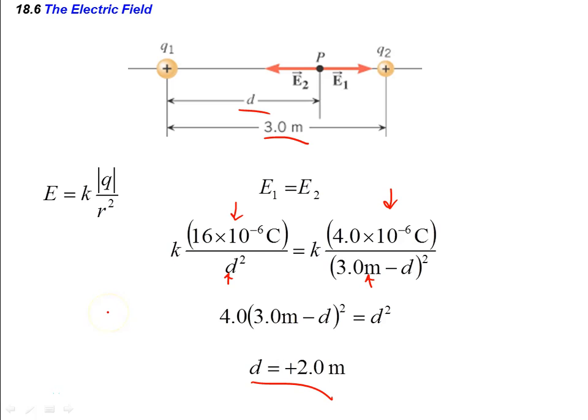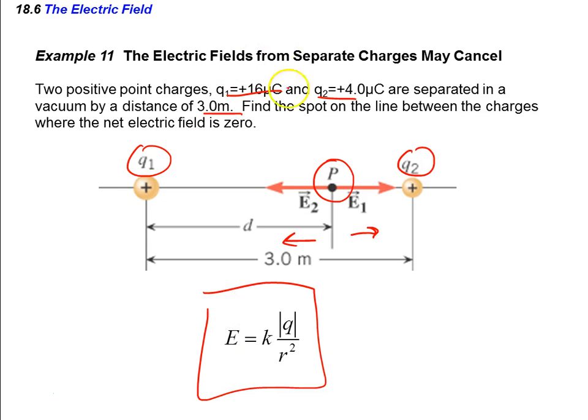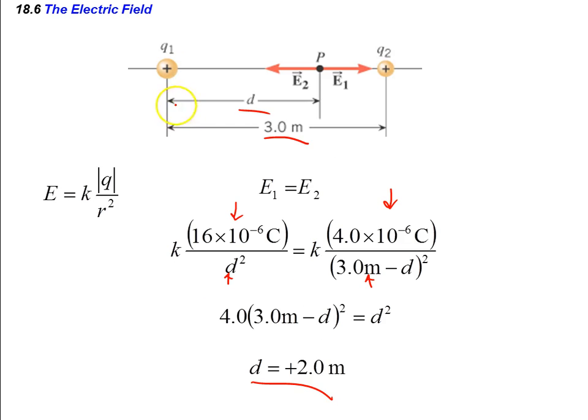Now, we need to interpret this answer. What does that 2 meters tell us? Well, in the original problem, we wanted to find the spot between the charges where the net electric field is 0. So like I said, to find the result, we have to add these two together, or, knowing that they're in opposite directions, we're going to subtract them. If we want that result to equal 0, then their magnitudes have to be equal.